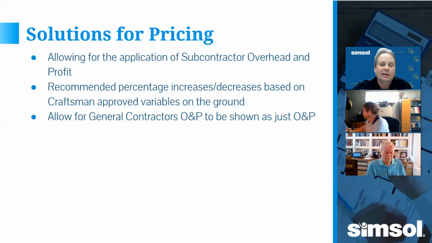And that way, instead of some number that may or may not mean anything to a reviewer or to an adjuster, instead of saying it's 110%, we can say that we included subs O&P and it's very cold, they're working in the cold. So we have reasons for these prices to be higher.